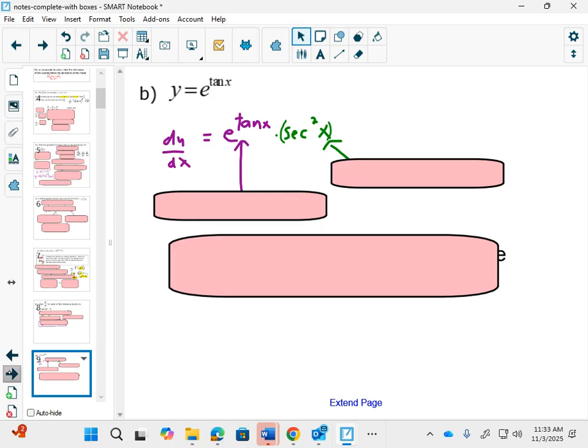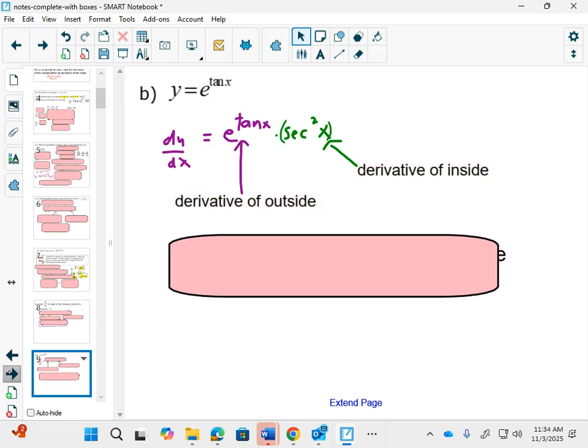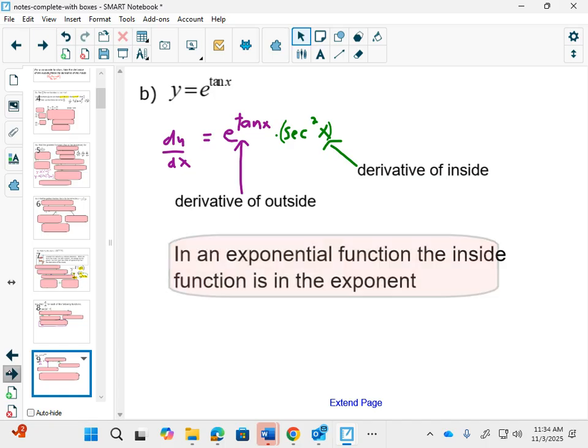Then we multiply by the derivative of the inside function, which is the secant squared x. So in that exponential function, the inside function is where the exponent was.